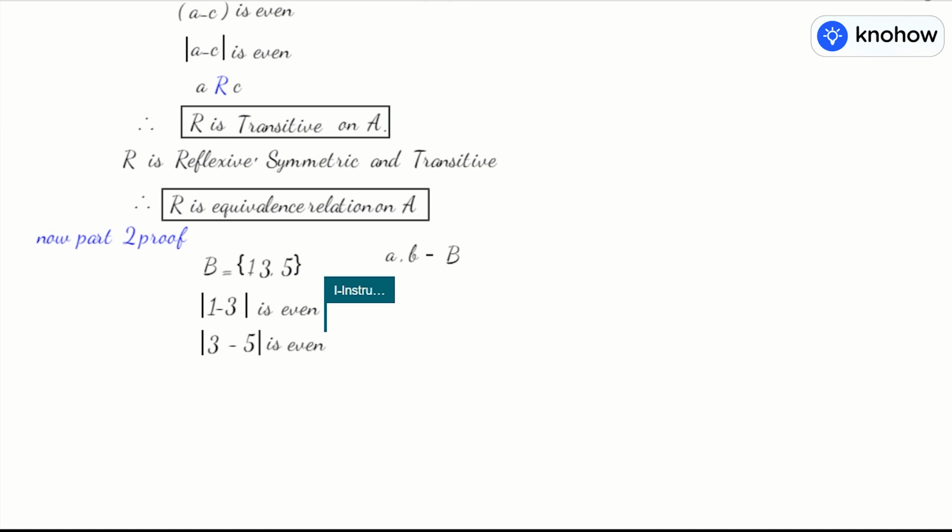Likewise, you take the other set, say we may call it C, consisting of 2, 4. Then obviously 2 is related to 4, as modulus of 2 minus 4 or 4 minus 2 is 2, which is also even. So we conclude that all the elements of the set 1, 3, 5 and that of 2, 4 separately are related to each other.